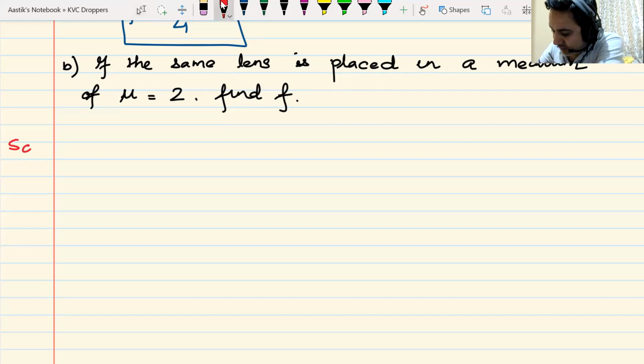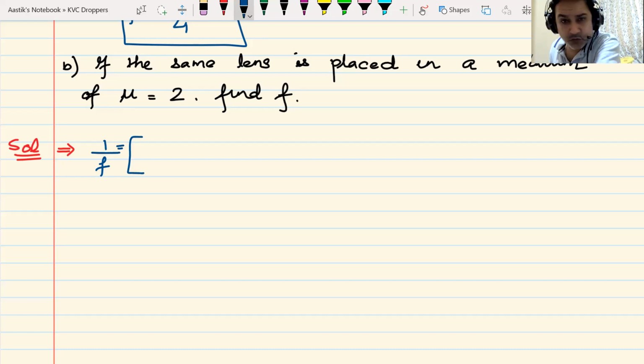Again, I start the solution and I put the formula. 1 by f would be equal to mu.